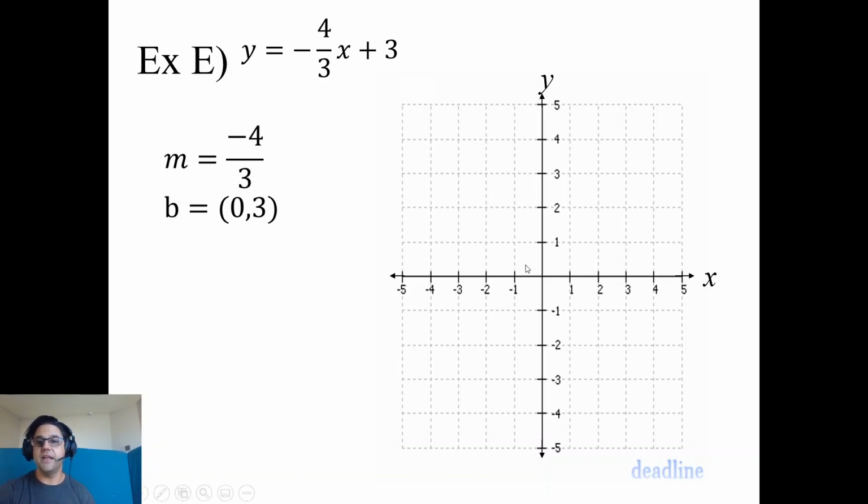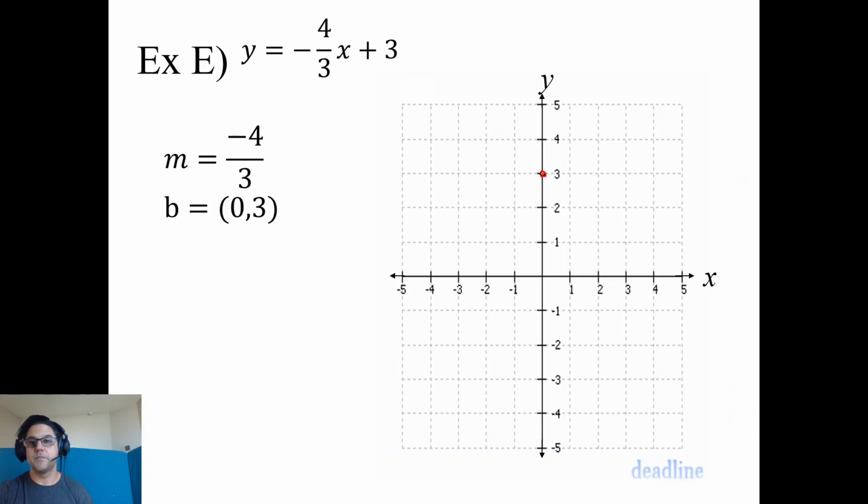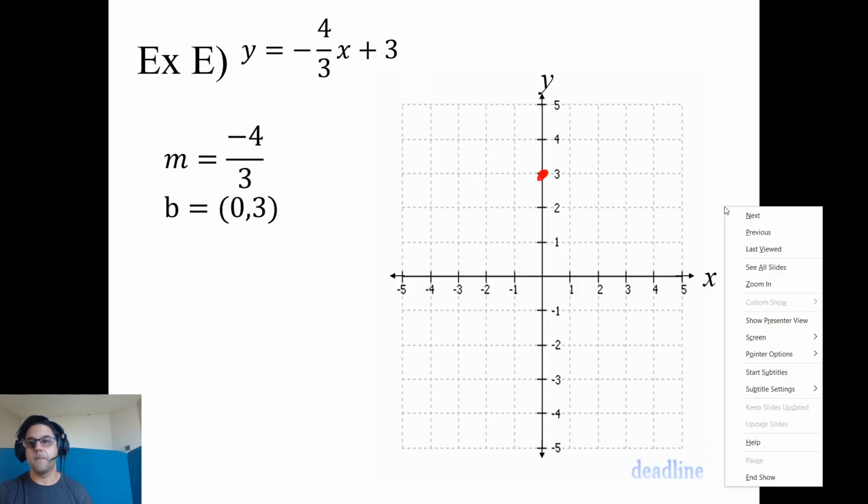So I put my pencil in the origin, or the drawing tool for Kami, I don't go left or right because it says 0. Then it says 1, 2, 3, point. Let's make that a little bit bigger. There we go.